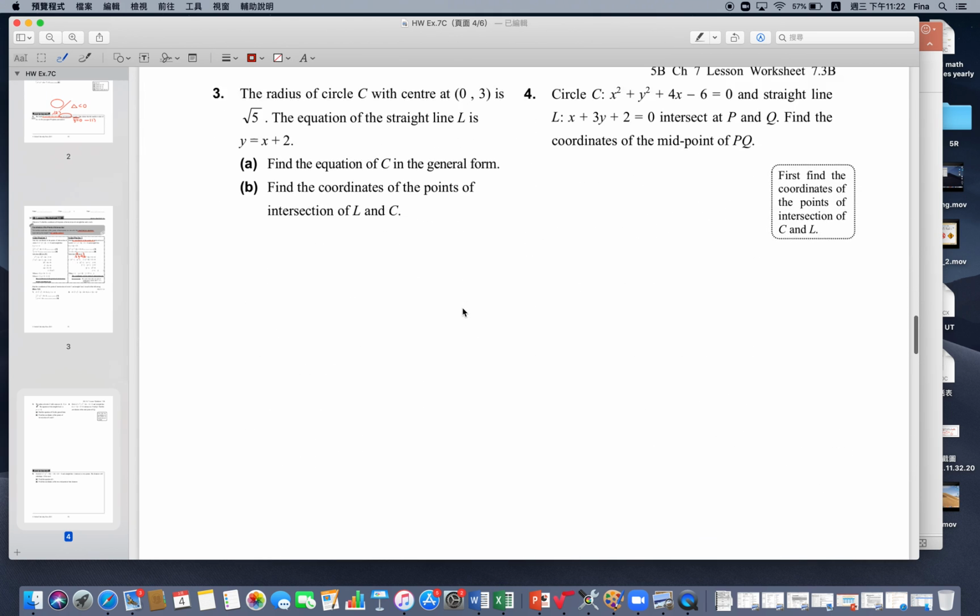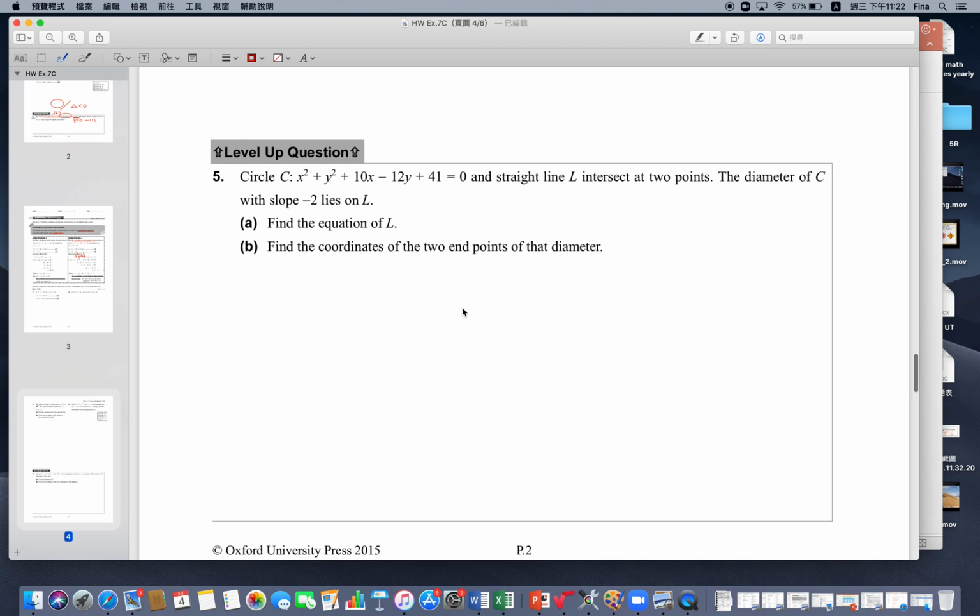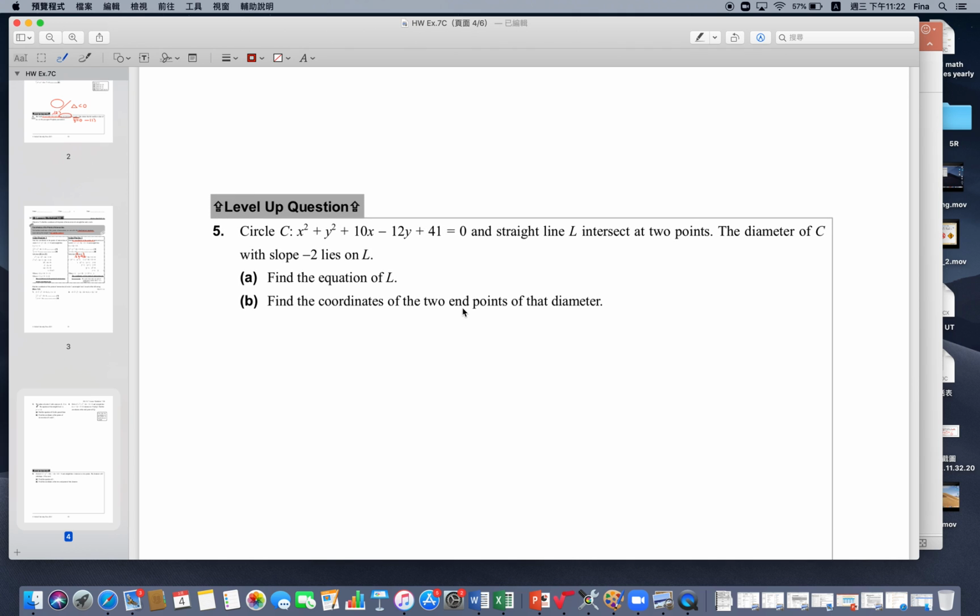Next, for this part, I hope that you can try. I just want to discuss the last part, the last question, also question 5.